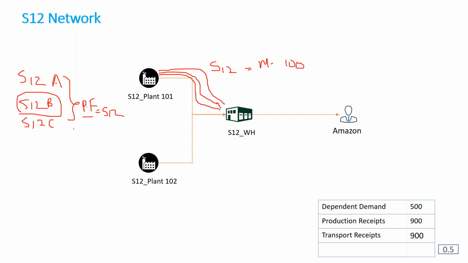And if you actually open at the individual SKU level, S12A, S12B, S12C, the summation would be a minimum of 100. And if you say maximum of 500, then the transportation would be in the range of 100 to 500. That is an aggregated constraint.